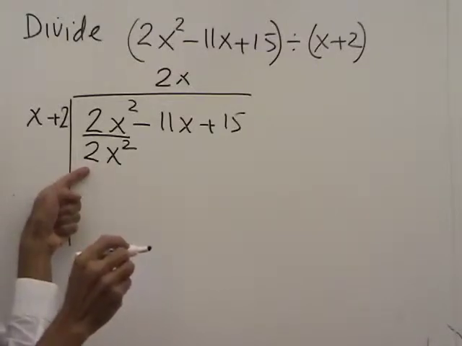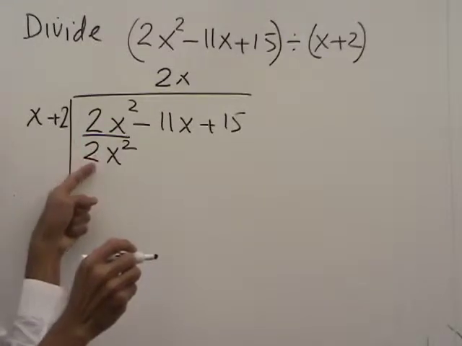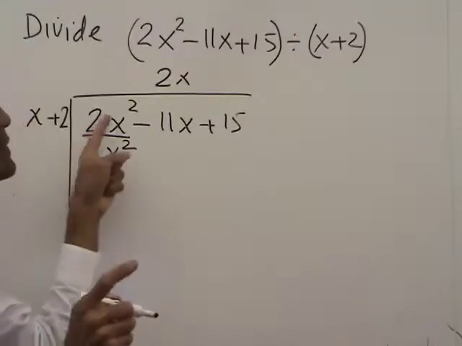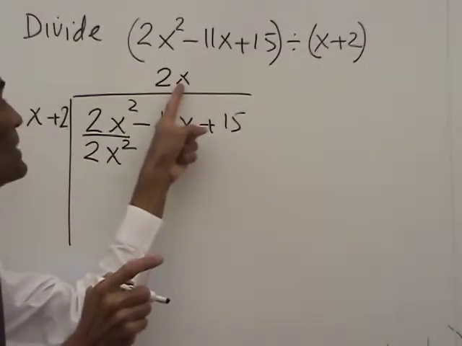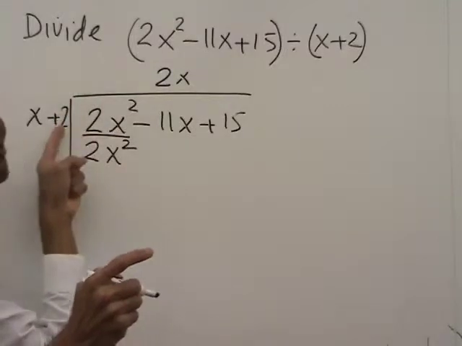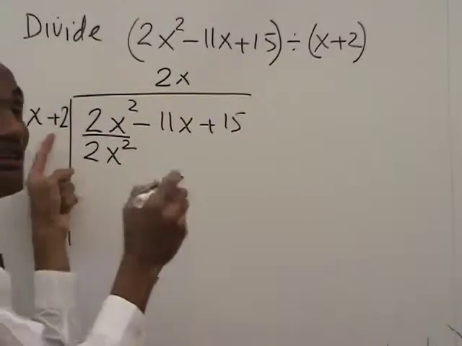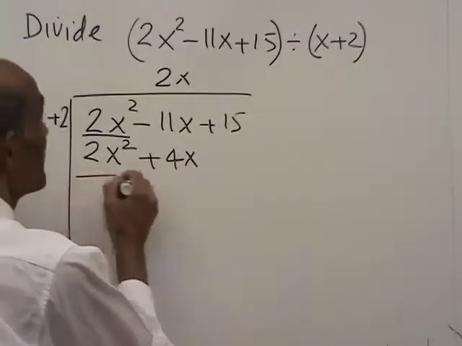Remember, when you do long division, always the quantity that is written below the first term will be the same: 2x squared below 2x squared. Now multiply 2x by 2. What is 2x multiplied by 2? It is positive 4x. Write it below negative 11x.